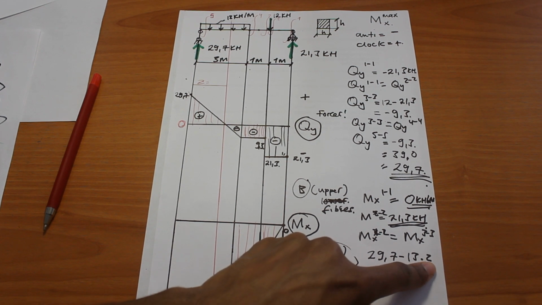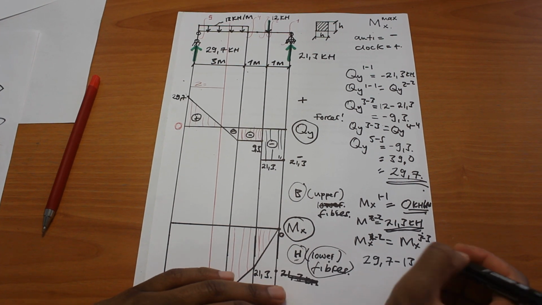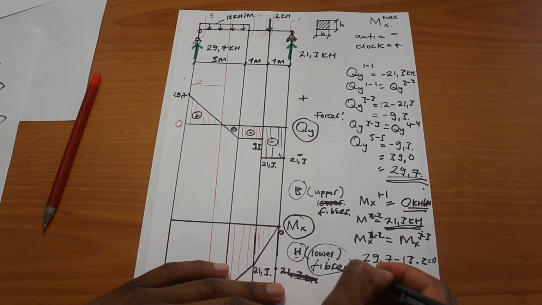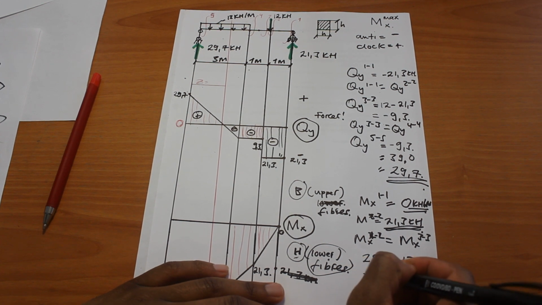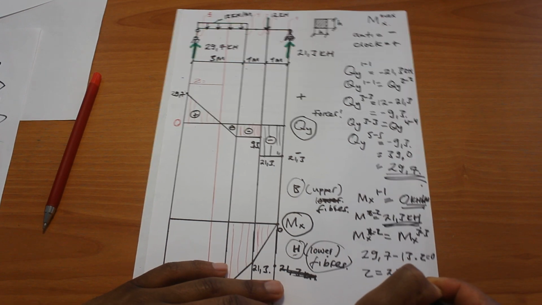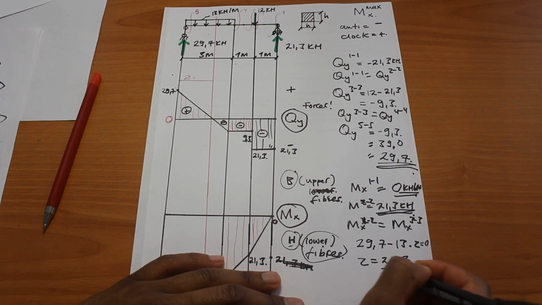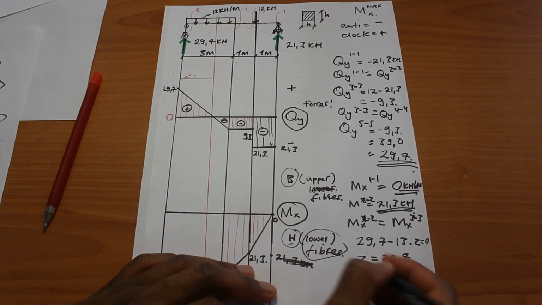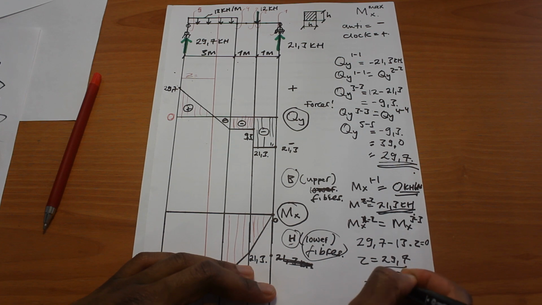So I'll multiply it by this z to find the value of z. I'll equate this to 0, and then I'll say z is therefore equal to 29.7 divided by 13. 29.7 divided by 13 gives me 2.3. This is equal to 2.3 meters.